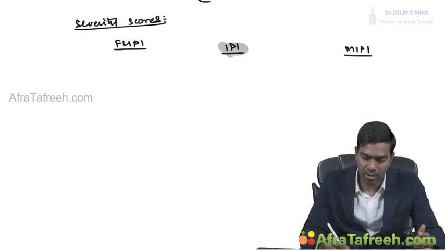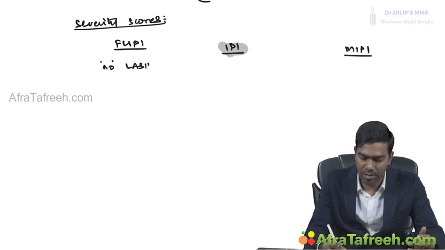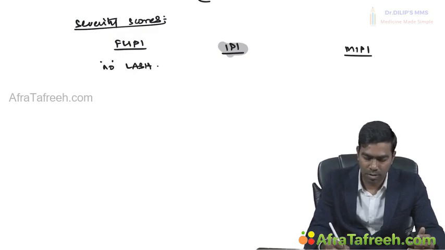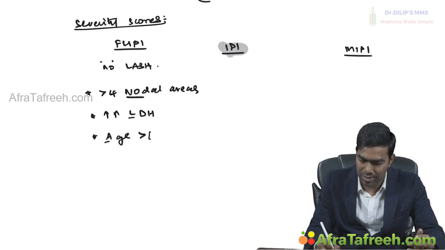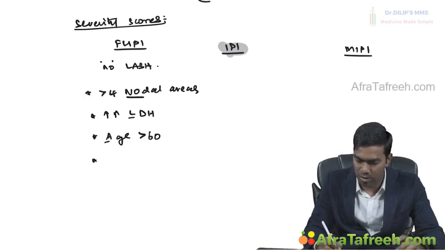So FLIPI, remember the mnemonic given is NO LASH. I'm telling the features. NO LASH is a mnemonic. So the first one is more than 4 nodal areas. And second, you have elevated LDH, and third, age more than 60, and fourth, you have Ann Arbor staging 3 or 4.